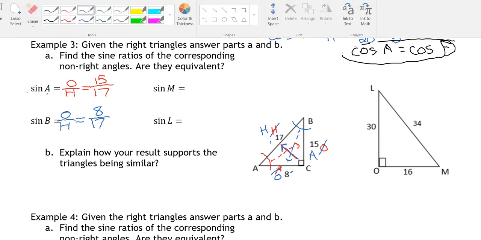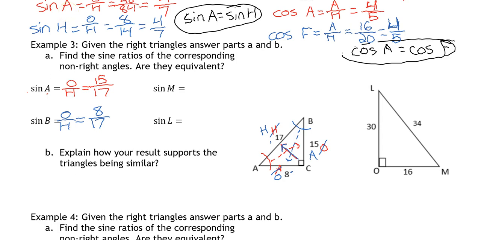I'm going to do the same thing with my other triangle. I'm going to find the sine of M. M is here. So again, I have my hypotenuse, the opposite side, and the adjacent side. So sine of M is opposite over hypotenuse, so opposite of M is 30. The hypotenuse is 34. This does reduce to 15 over 17.